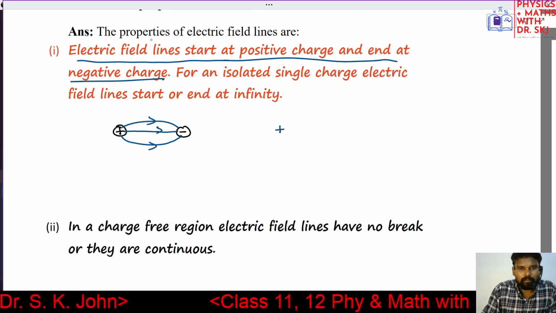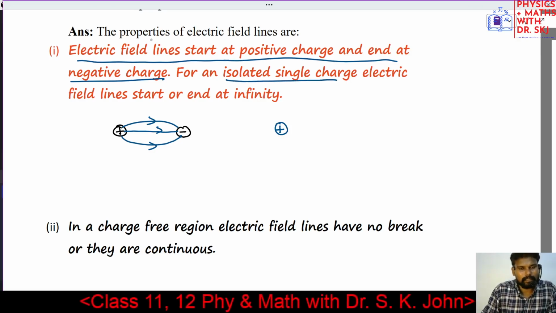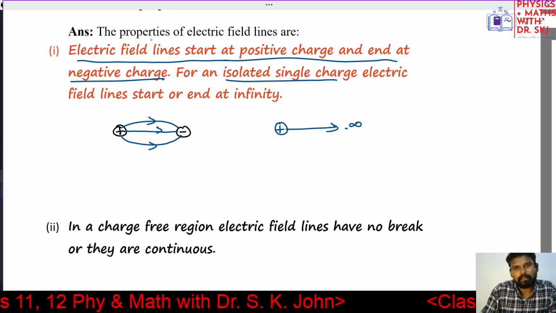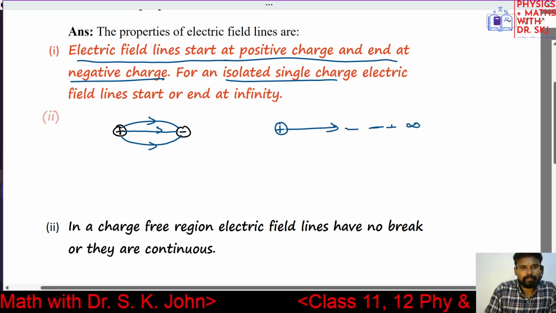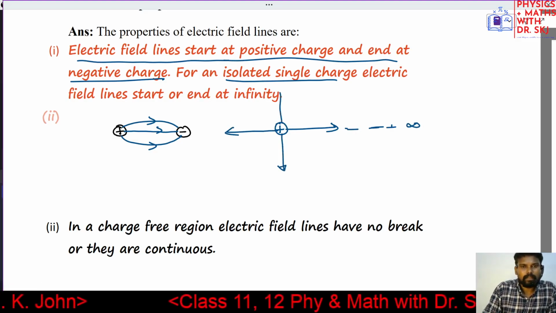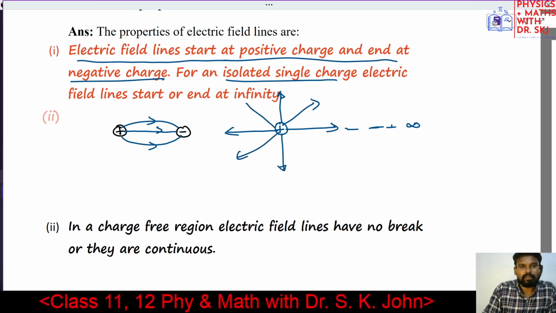Suppose there is only one positive charge, what will happen? It's an isolated single charge. The field will go away to infinity. You have to draw the field lines away. If there is no negative charge, the field will go to infinity.